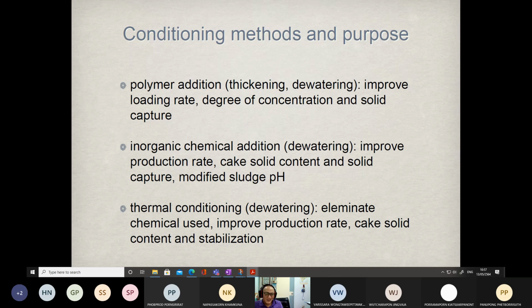When we talk about water treatment, the application of chemicals into the water, we normally call it coagulation followed by flocculation. But in sludge treatment, we don't actually use that term. We normally use the conditioning methods. This is the term describing the application of chemicals into that water.